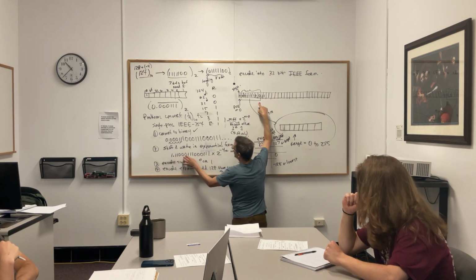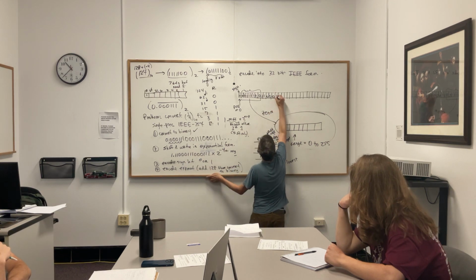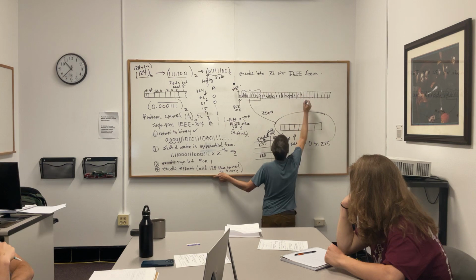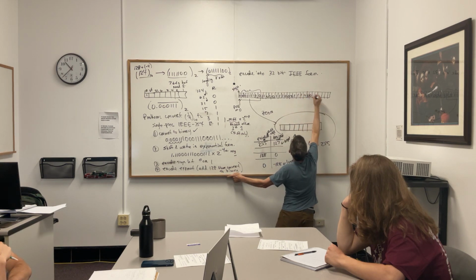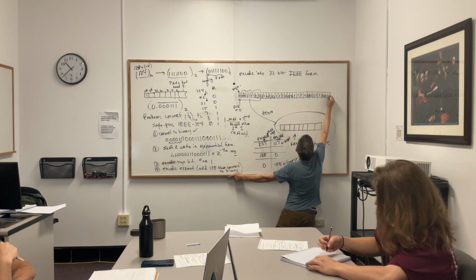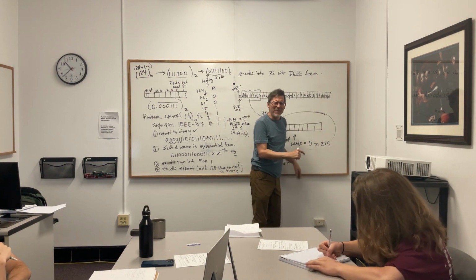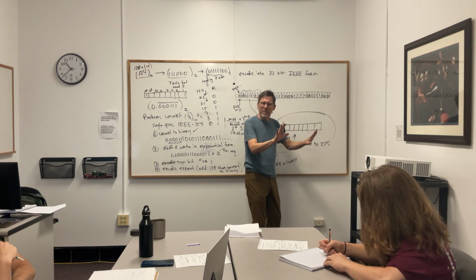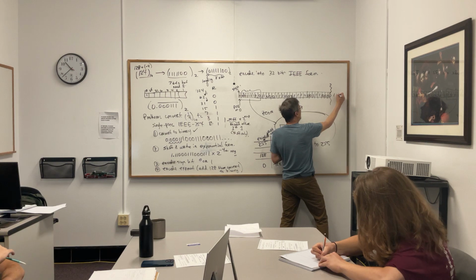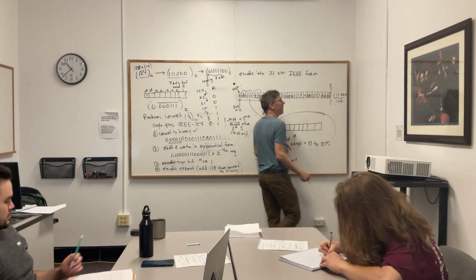So I've got 1, 1, then 3 zeros, and then 3 1s, and then 3 zeros, and then 3 1s, and then 3 zeros. But uh-oh, kind of missing some stuff, right? Because what would come right after this is 1, 1, 1, 0, 0, 0. This is lost over here.